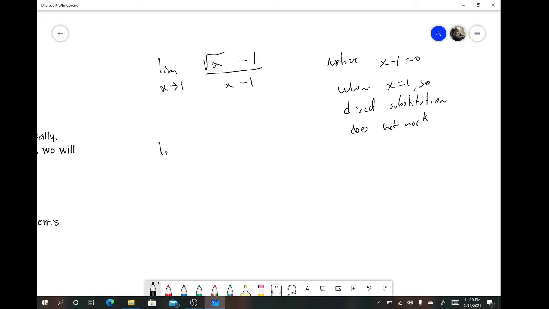So it's going to be radical x minus 1 divided by x minus 1, and I'm going to multiply top and bottom by the conjugate, which is radical x plus 1 divided by radical x plus 1.